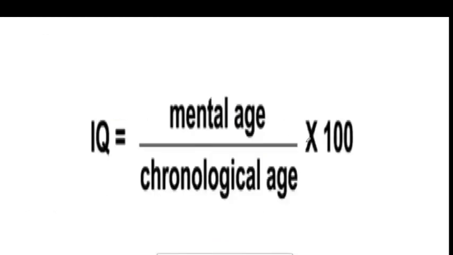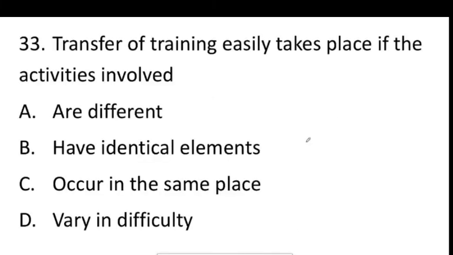Now, as I have mentioned earlier, IQ is solved by using the formula mental age divided by chronological age times 100. Number 33, transfer of training easily takes place if the activities involved, we've talked about this a while ago when we had our slide on transfer of training. This can happen if there's letter B. They have identical elements.